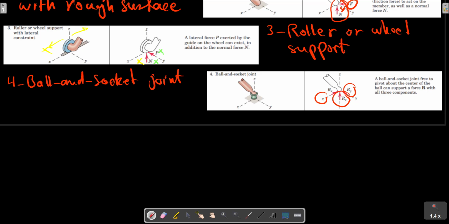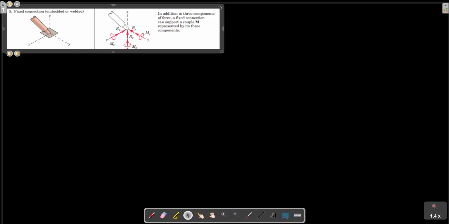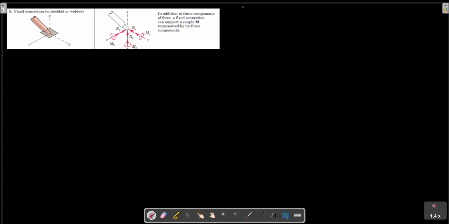The next is the fixed connection. The fixed connection is different from the ball and socket joint, and the difference is the existence of moment in each axis. Consider this picture for more description.